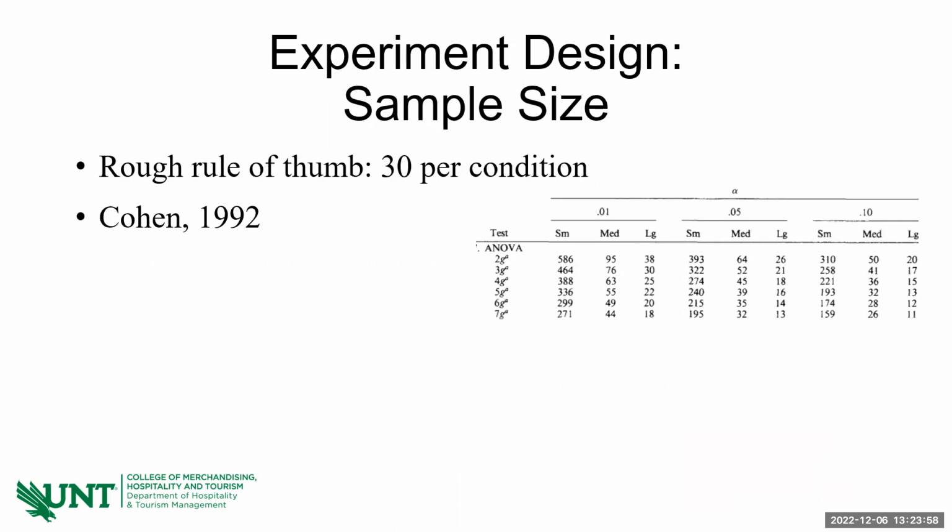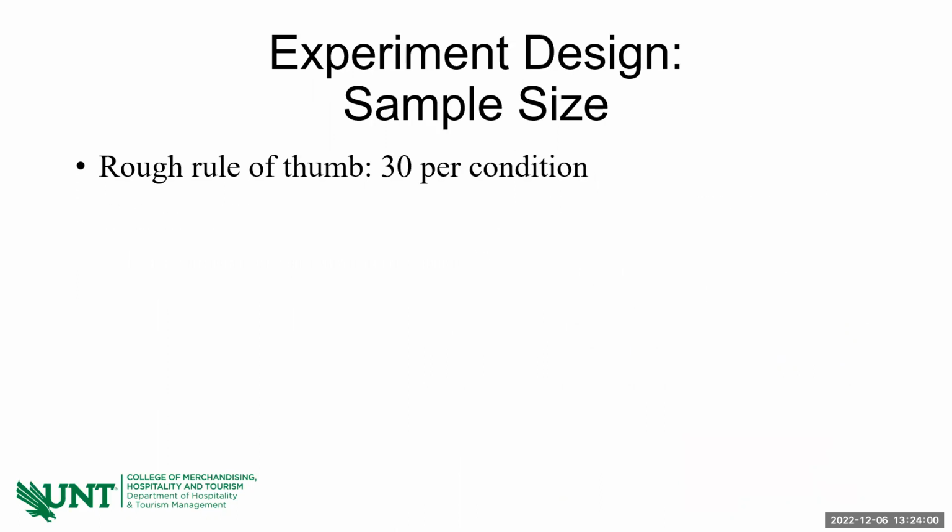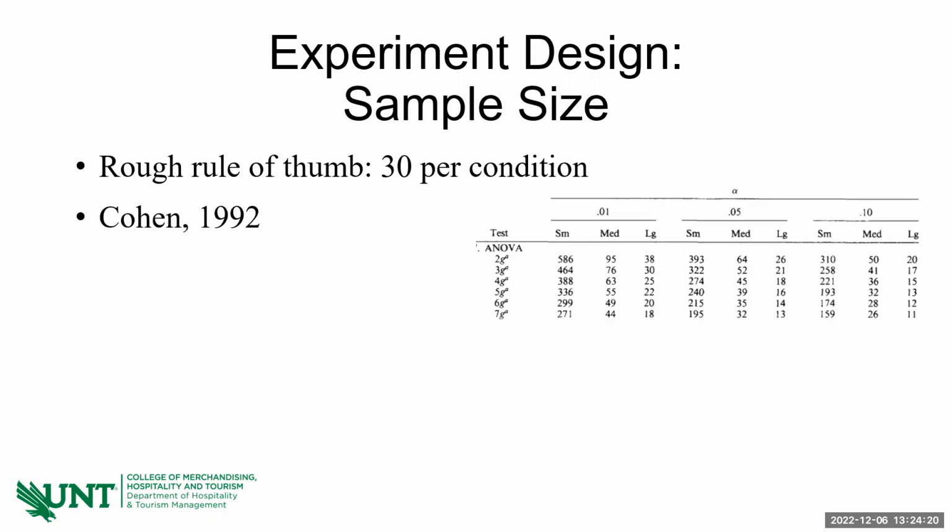For sample size, a rough rule of thumb is 30 participants per condition. But nowadays, especially if you're doing an online experimental design where collecting data is not a big issue, this number is far from effective. Cohen also has a reference on how large a sample size is enough.